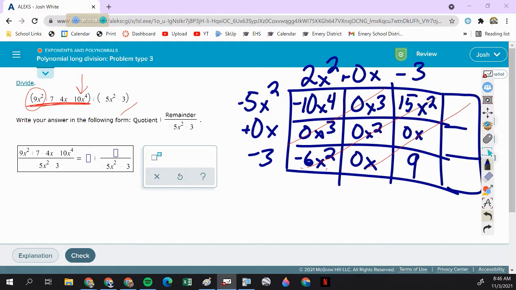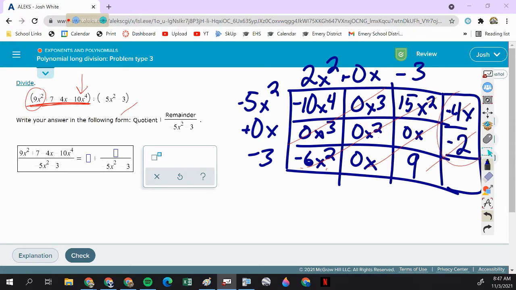Those need to add up to be negative 4. So 0 plus 0 plus what is negative 4x? Negative 4x. Okay, and these need to add up to be negative 7. So 9 plus what is negative 7? Negative 2.